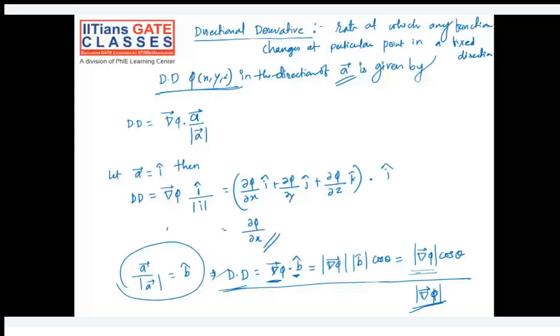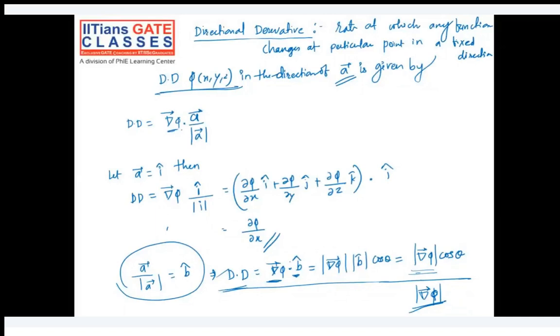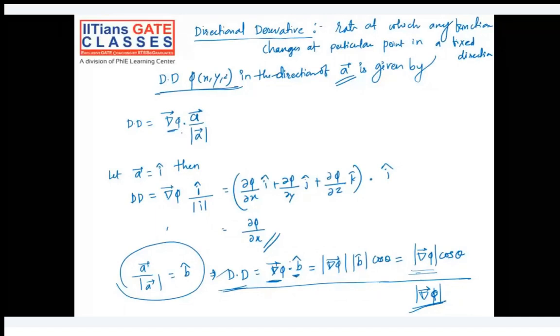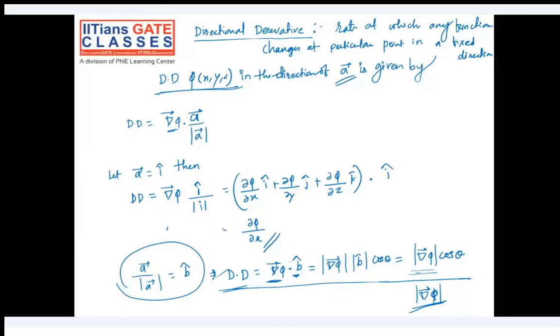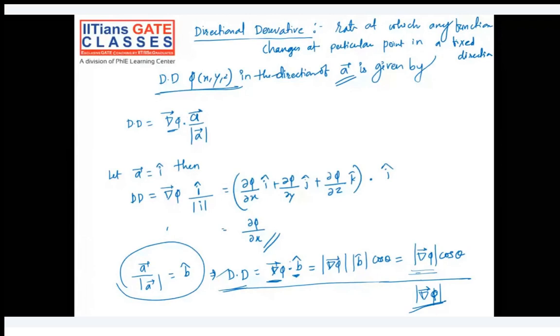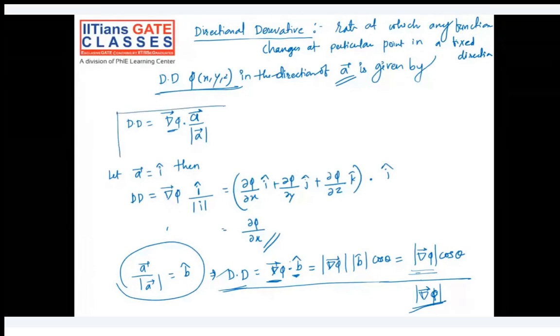So directional derivative, as I said, will be the gradient of phi dot product with the unit vector in which the rate is desired to be calculated. I hope you understood. So a bar is the direction in which we are interested to understand how our function is changing.